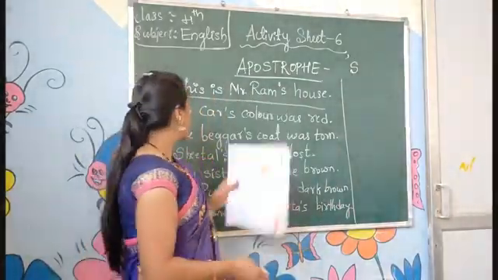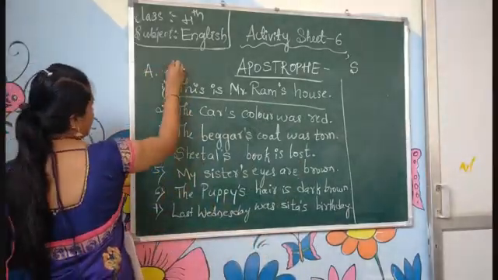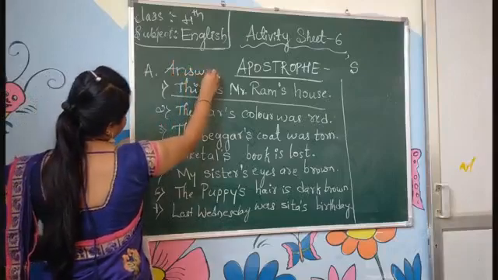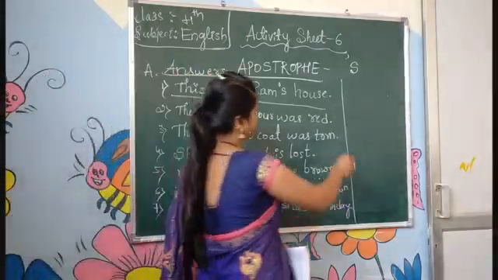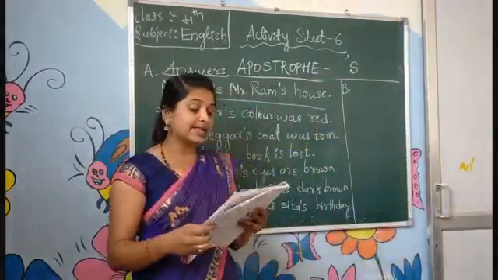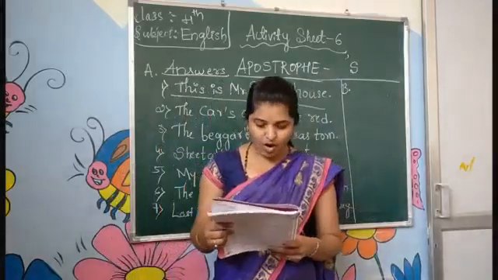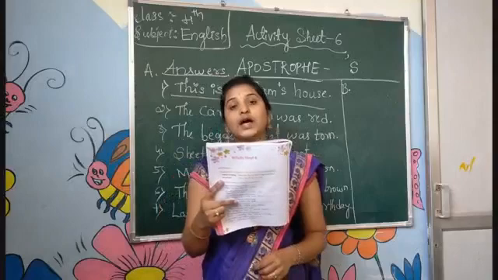Next, these all are the answers of A main. Okay. A answers. Coming to B main, fill in the blanks with the right words. Choose the words from the help box.